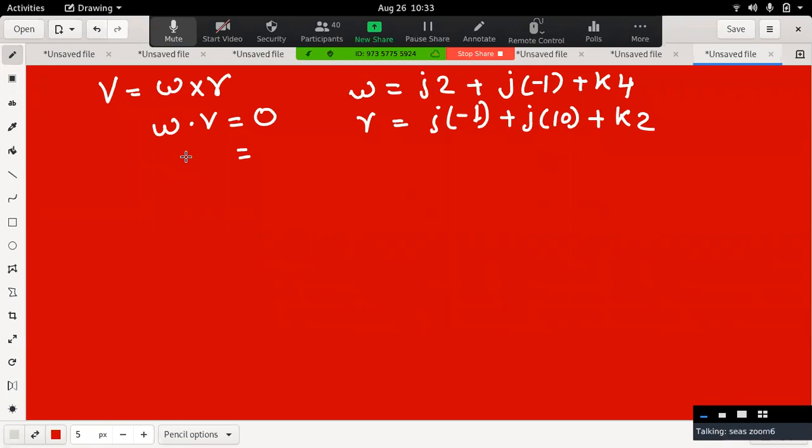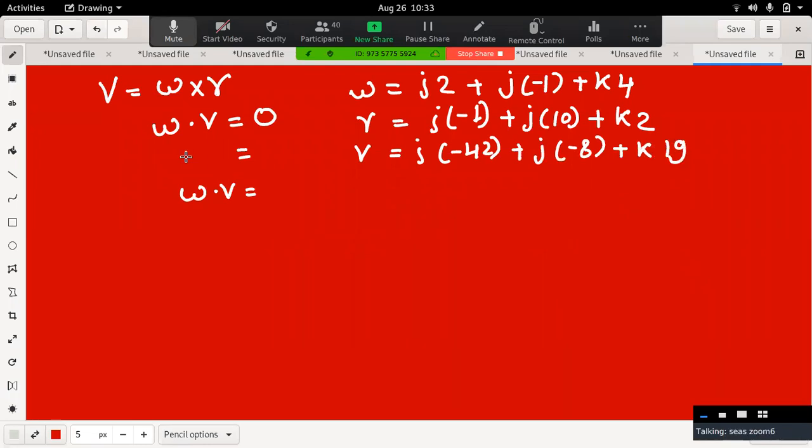So how much will omega dot v be? That is ax bx, if you remember. And our v had come out as i times minus 42 plus j times minus 8 plus k times 19.